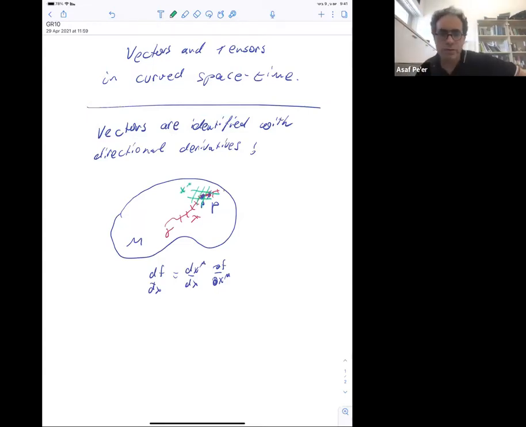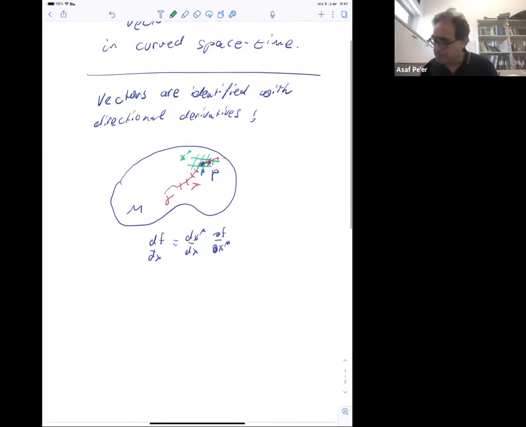And as we said, we can always do that. Since this is true for any function f, essentially we could write down the vector as d over d lambda. Which makes sense, because when we put some coordinates, we can use them as a basis to any vector. So the bottom line is that d over d lambda defines a vector.